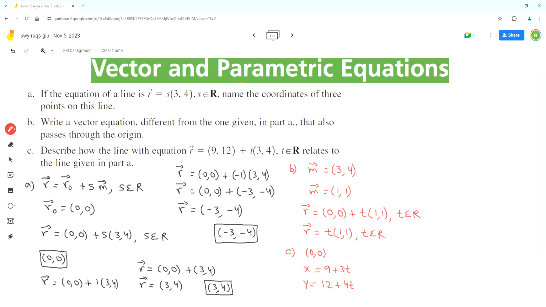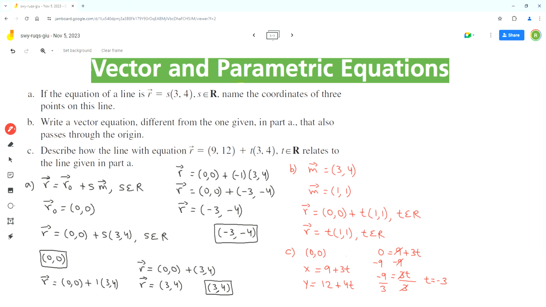Now we can sub in x as 0 and solve for t, and then sub in y as 0 and solve for t and check if we get the same value of t. So I get t equals -3.